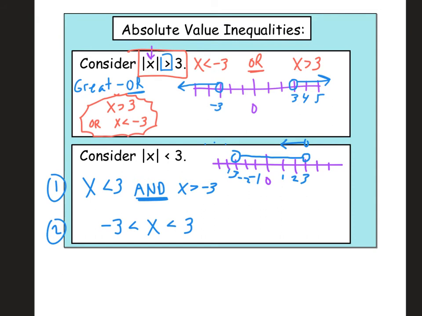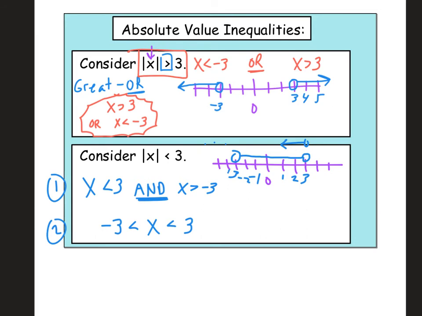This part was part of our answer, and the other part is written backwards but it's the same, saying that x is greater than negative 3. The way we wrote it down there is that negative 3 is less than x, so those match up. I'm totally fine with however you want to do it, the compound inequality or the AND statement.